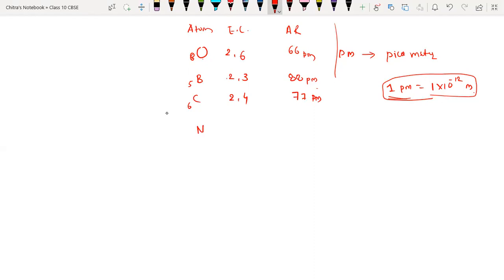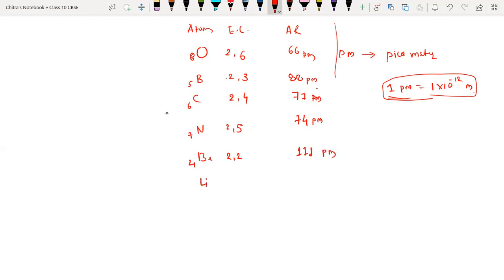Then we have nitrogen. Its atomic number is 7, its electronic configuration is 2 and 5, and its atomic radius is 74 picometer. Then we have beryllium, Be. Its atomic number is 4, electronic configuration is 2 and 2, and its atomic radius is 111 picometer.